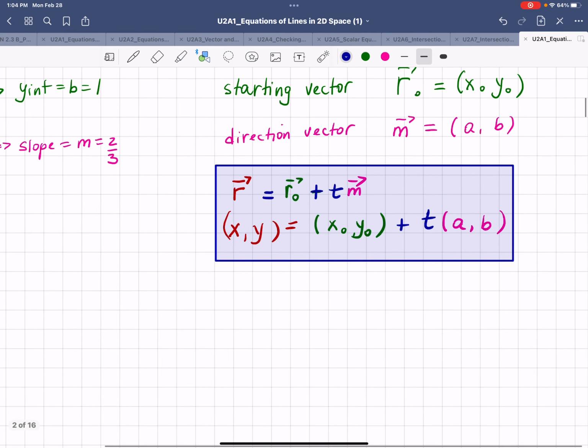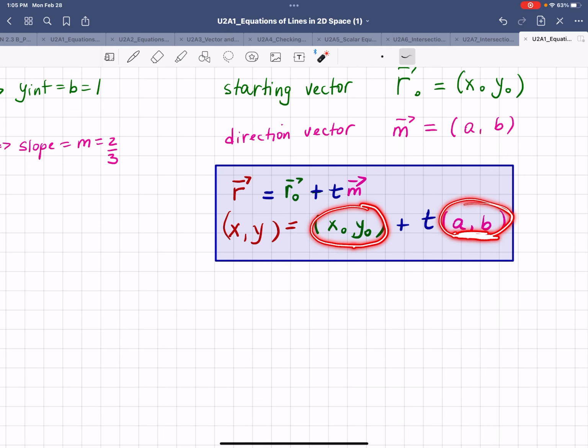Now, the vector equation of a line tells us that we're able to draw a unique line if we know the coordinates x0, y0, which is a starting point, and follow the direction of vector m with coordinates a, b.